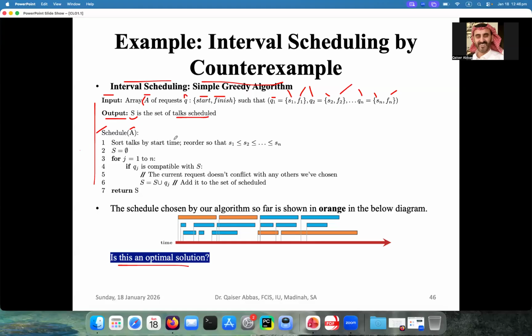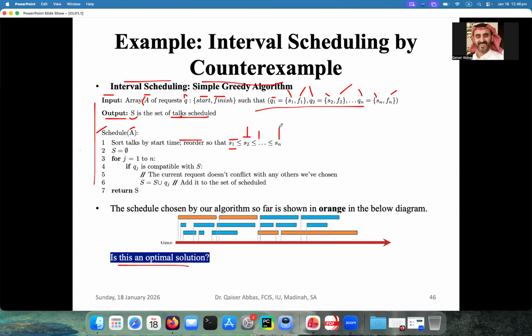Then first, sort talks by start time. Whatever our talks are, Q1, Q2, Q3, these tasks or requests, sort or reorder them according to their starting time: S1 less than or equal to S2, which is for task 2, less than or equal to S3 and so on, less than or equal to Sn.